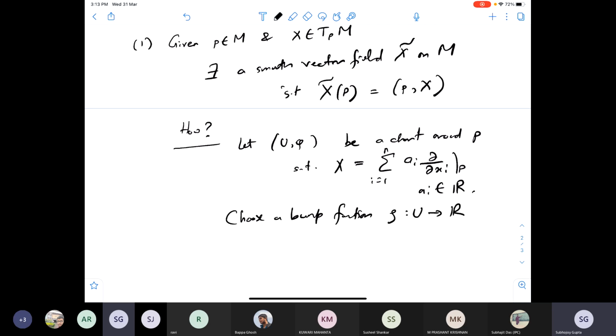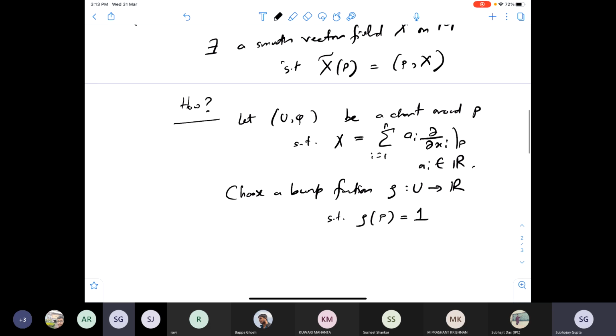This is going to be defined on that chart so that rho at the point P is 1. Maybe you can make P the origin in these coordinates if you want, but right now let me just call it P. Here's the picture.